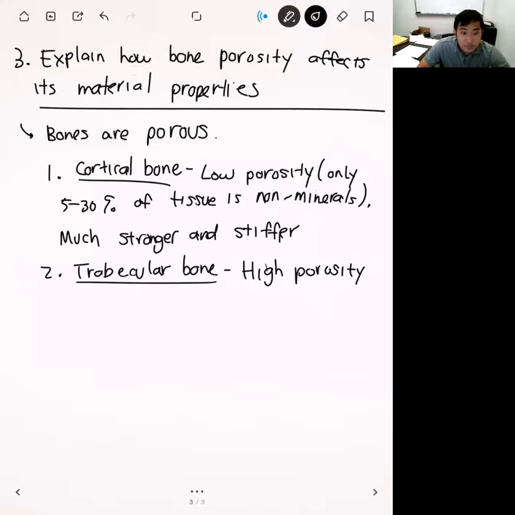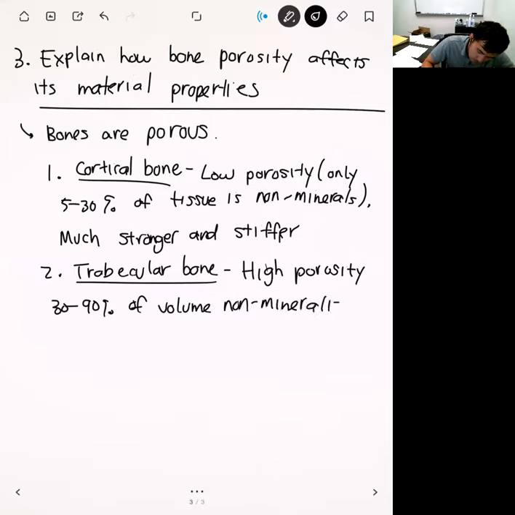And so in terms of a percentage, these have about 30 to 90% of its volume occupied by non-mineral tissue. And this makes it almost look like a sponge, okay?